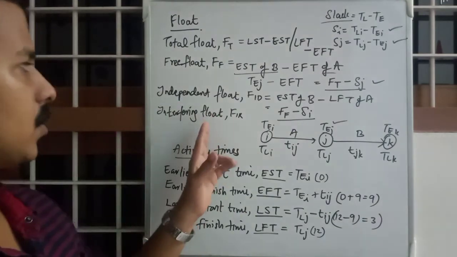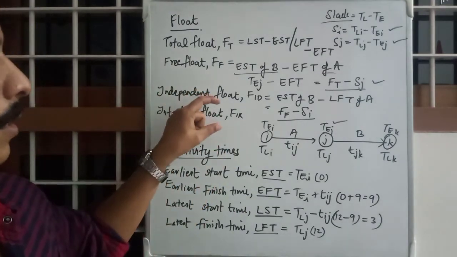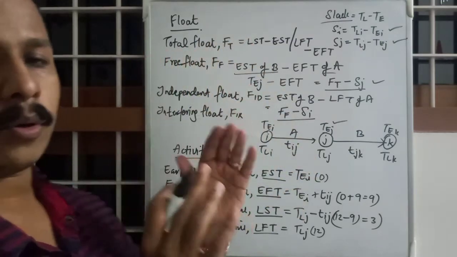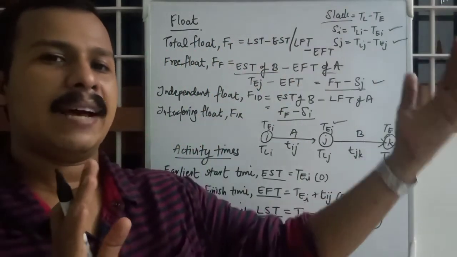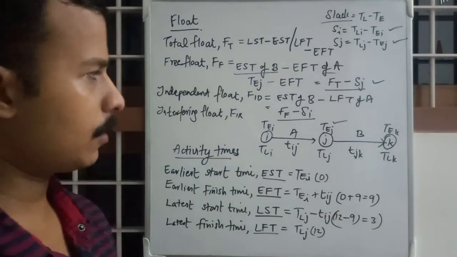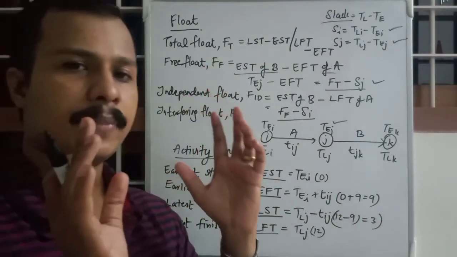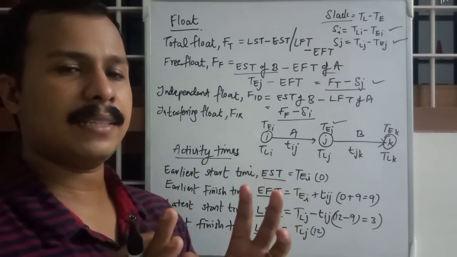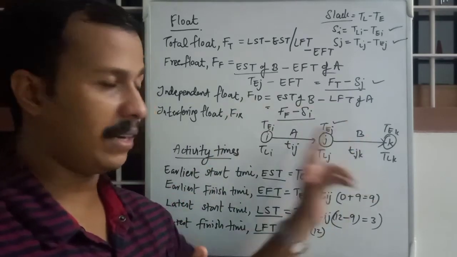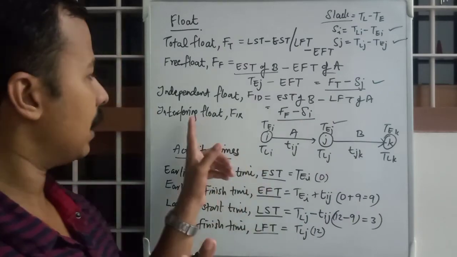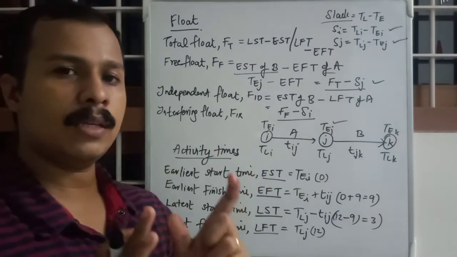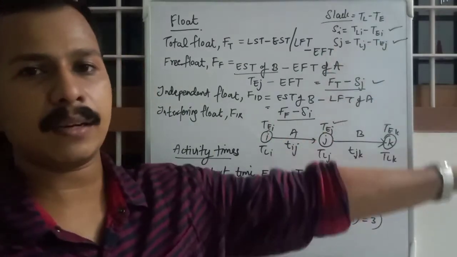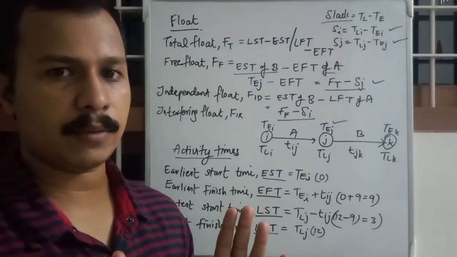By concept, we know total float was the float that does not affect the total duration. Free float was the float value that will not affect the next event. Interfering float is a float value which will interfere with the next event but will not interfere with the total project value.